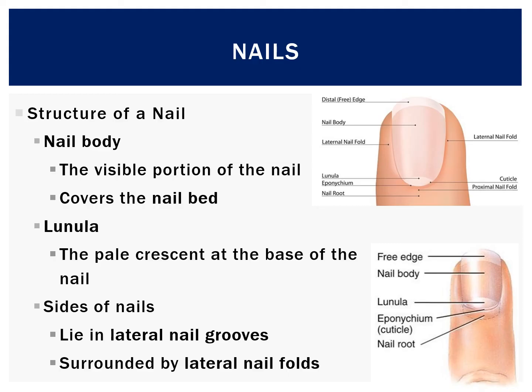Lunula is the pale crescent structure at the base of the nail, at the bottom part of the nail. It's like a crescent shape. Next structure is the sides of the nails, which are surrounded by lateral nail folds.